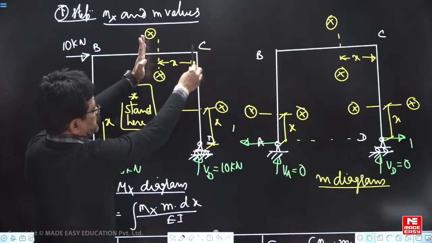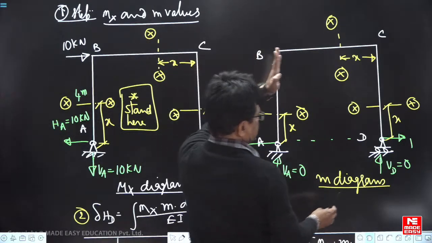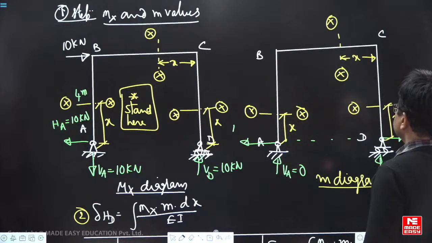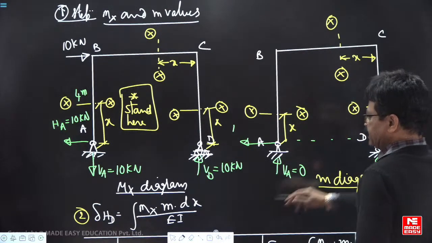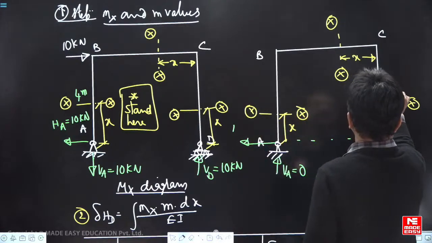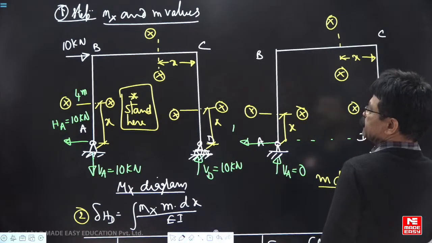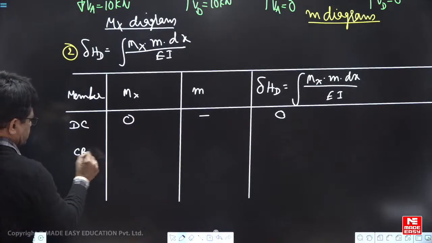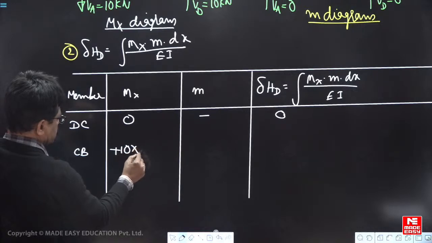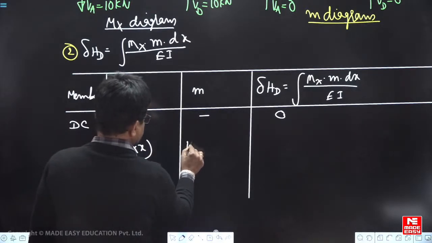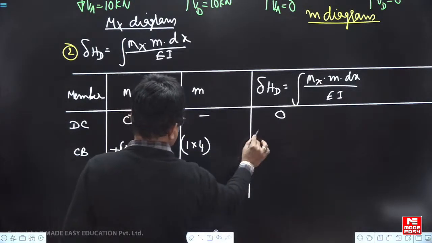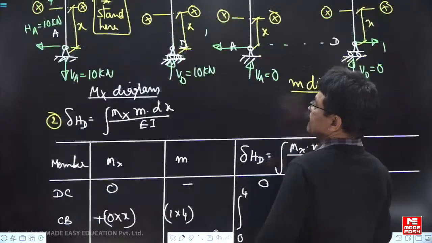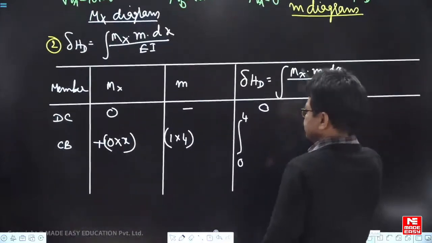This is upward force, so plus 10 into x. Here 1 into 4 plus 1 into 4. This total length is 4 meters. So plus 10 into x, this is CB member. Mx is plus 10 into x, m is plus 1 into 4. Limits of integration are 0 to 4. 4 meters, full length is valid.